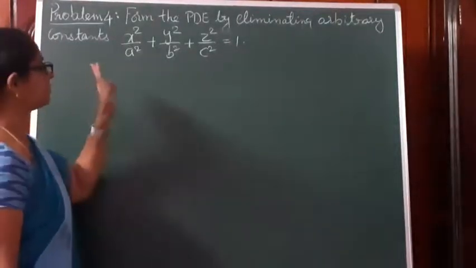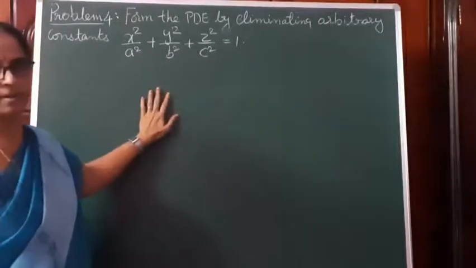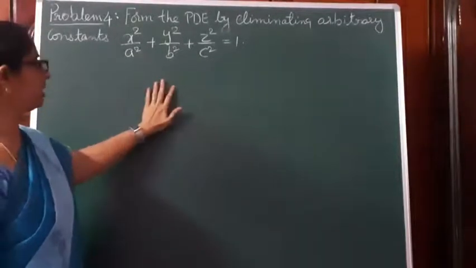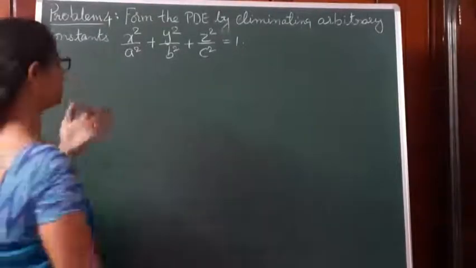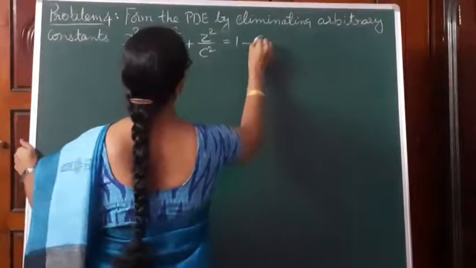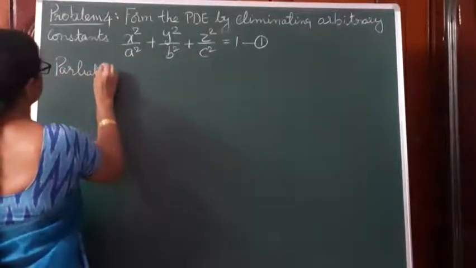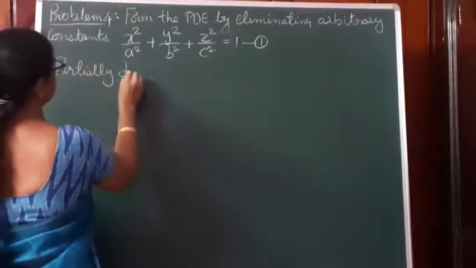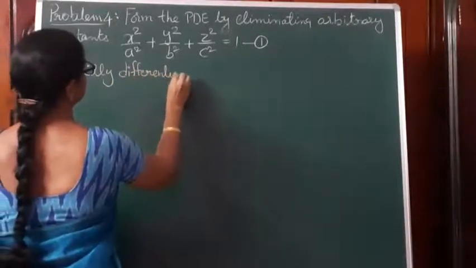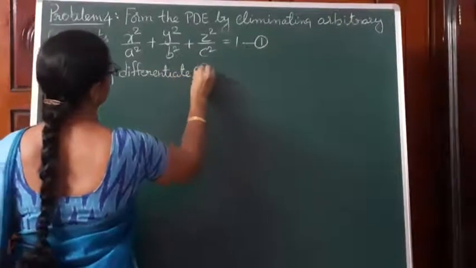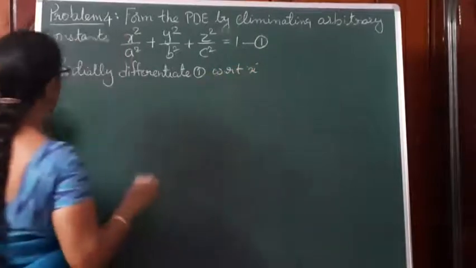So first let us partially differentiate this with respect to x. First we will try with first order partial derivatives. If we cannot eliminate arbitrary constants, then we go for second order. So call this equation 1. Partially differentiate 1 with respect to x. Then what do we get?